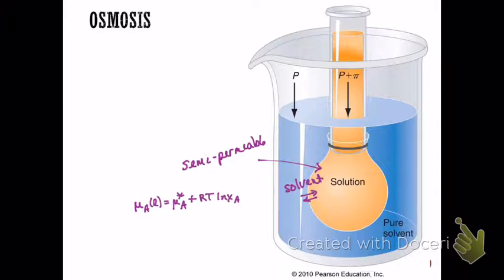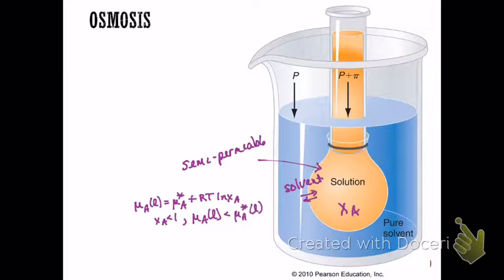So if we look at chemical potentials here, we'll note, of course, that the chemical potential of the solvent in the solution is given by this familiar expression related to Raoult's law, and depending on the mole fraction of the solvent in solution, so whatever that mole fraction might be inside of the solution, we'll note, of course, that because the mole fraction is less than 1, the chemical potential of A in solution is going to be less than that in the pure solvent, and that, of course, means that since systems move toward a lower chemical potential, it's going to be natural for the solvent to pass preferentially from the area outside the membrane to the area inside the membrane where the chemical potential is lower.